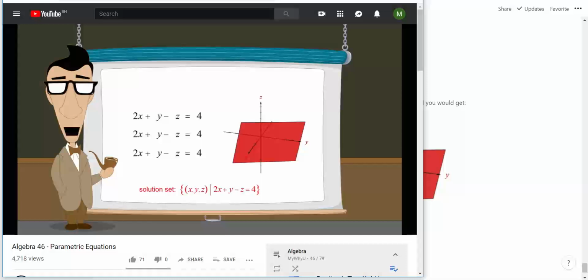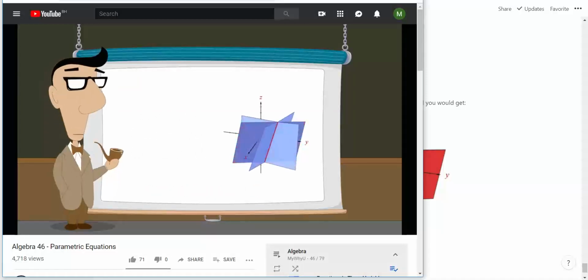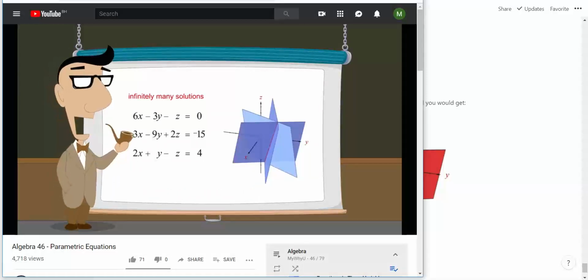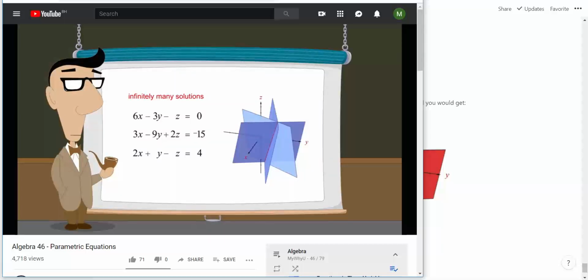However, when all the planes intersect along a line, then this solution set is not described by any of the equations.